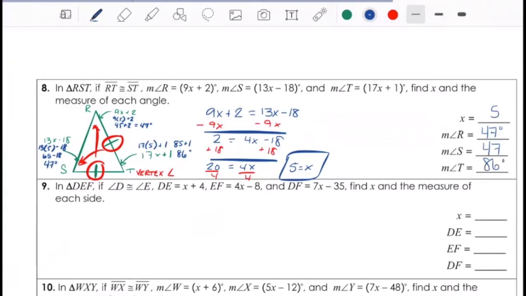And then that total should add up to 180. So 47 and 47 is 94. 94 plus 86 is indeed 180 degrees.